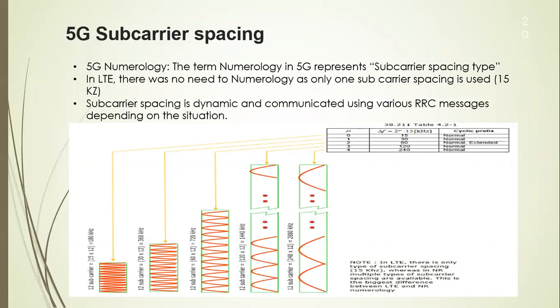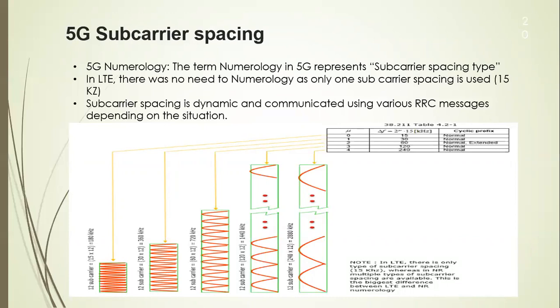So in 5G, we use a new terminology called numerology to indicate the subcarrier spacing. The numerology is denoted by the letter nu, and it has the values starting from 0 to 4. So total 5 numerologies are available.